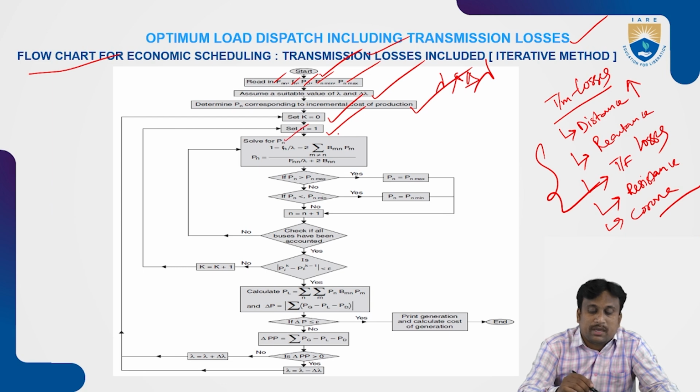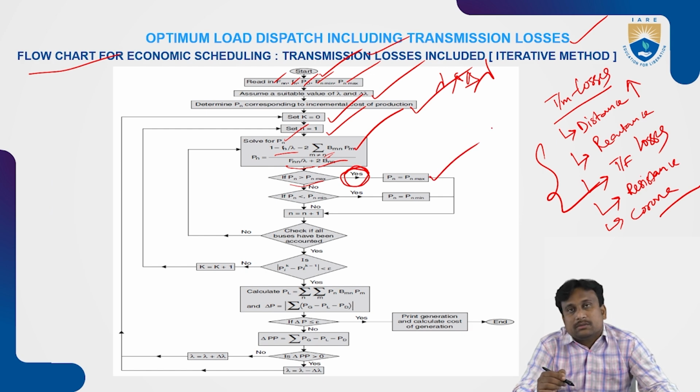Now solve for Pn, then it becomes 1 minus Fn by lambda minus 2 summation m not equal to n Bmn Pm, which will be divided by Fnn by lambda plus 2 Bnn. If Pn is greater than Pn max, if this condition is possible, that means Pn equals Pn max.